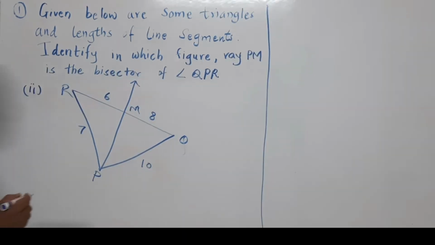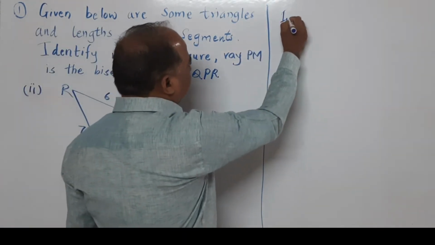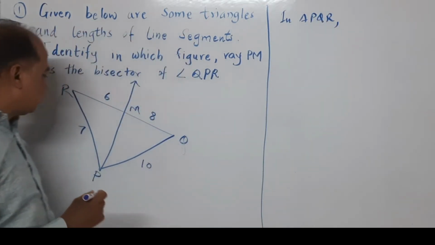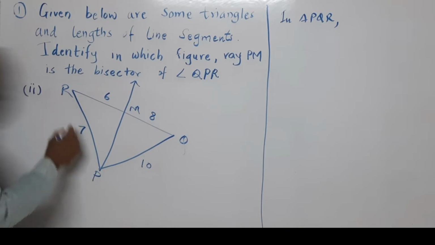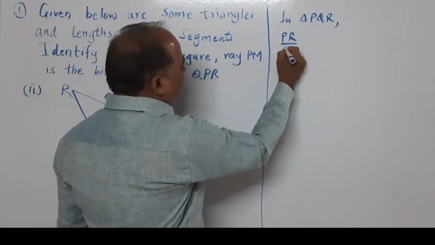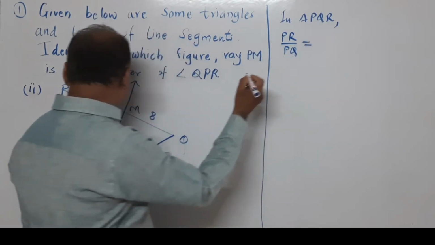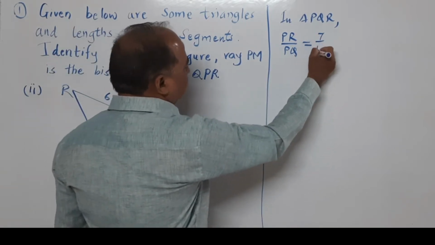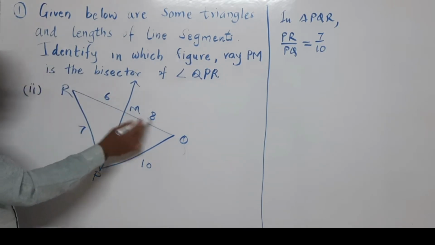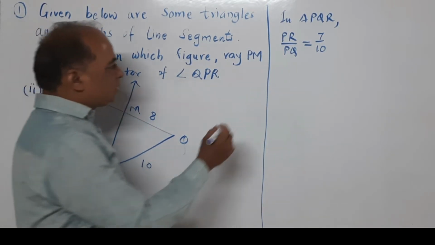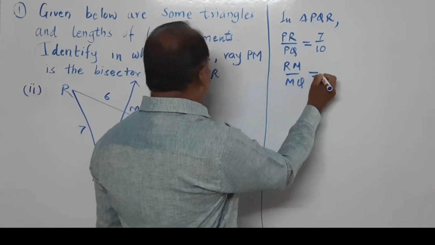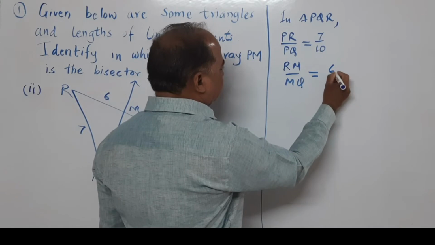So in triangle PQR, let us see the ratio PR upon PQ, which is equal to 7 upon 10, and the corresponding ratio RM upon MQ is equal to 6 upon 8.